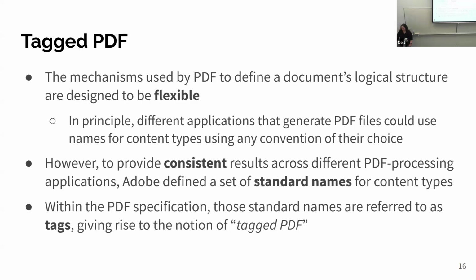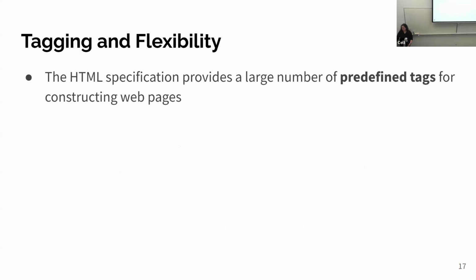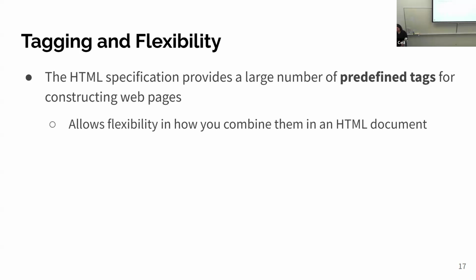Now, I mentioned flexibility by design, and I want to make an analogy here with HTML. HTML also has a formal specification with the different tags that you can use to create web pages. So you have a large number of predefined tags.